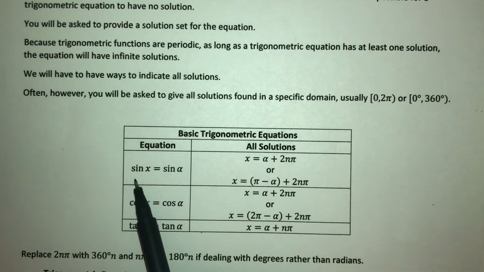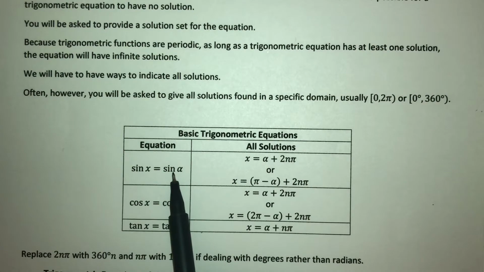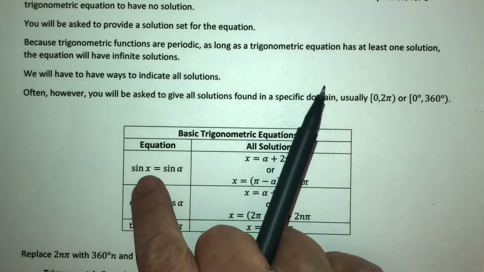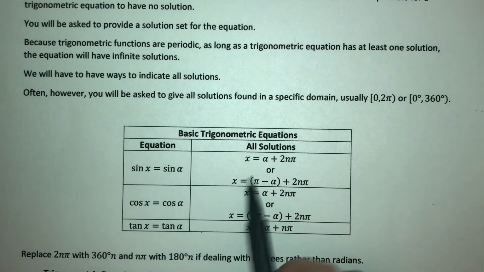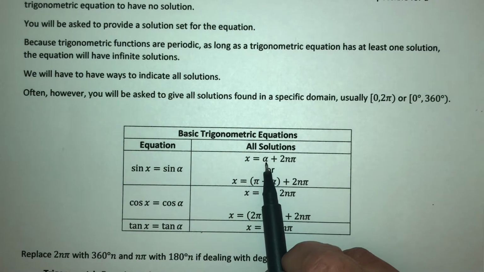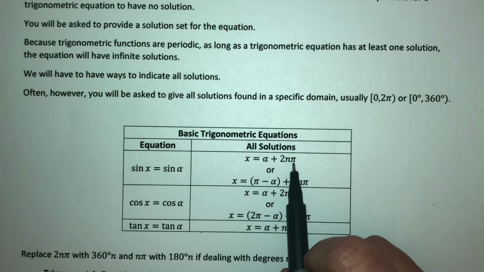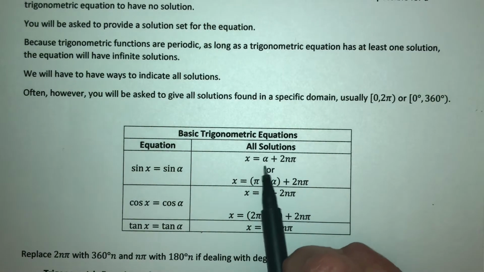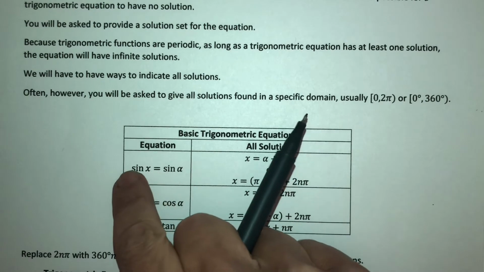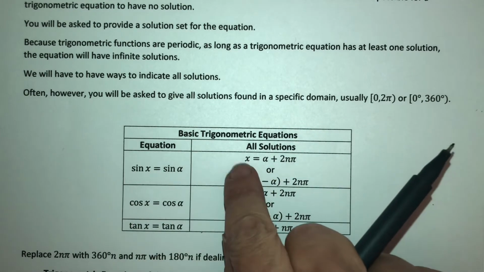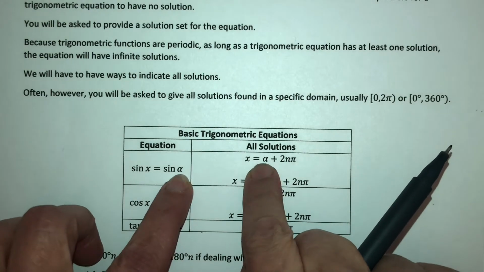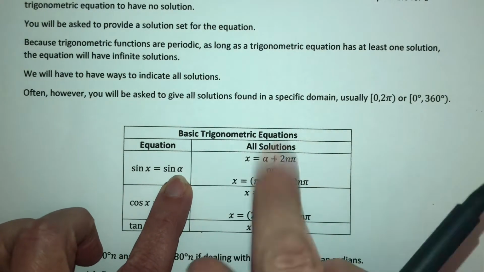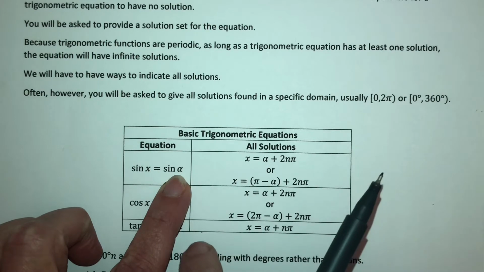Basically, we have to remember this kind of stuff. If you can get sine of something equal to sine of something else, one thing we know is that your two arguments, your x, can equal alpha here. And then you can go all the way around the unit circle again and again and get more solutions. So if I have sine x equal to sine alpha, then my x solutions are alpha plus however many times around the unit circle we want to go.